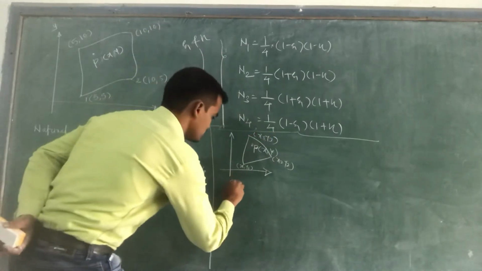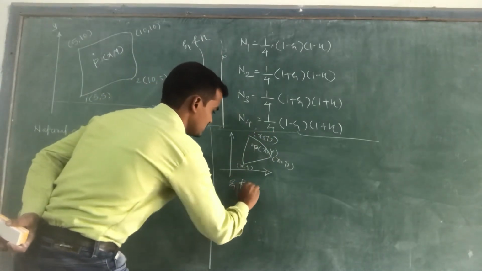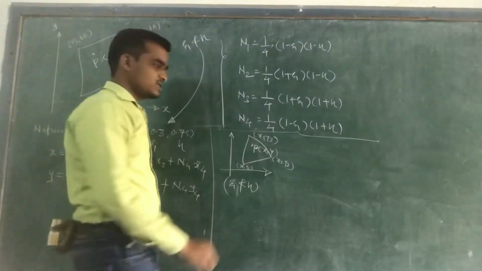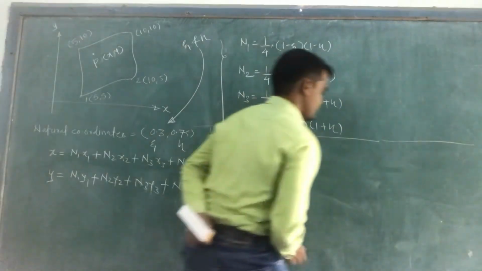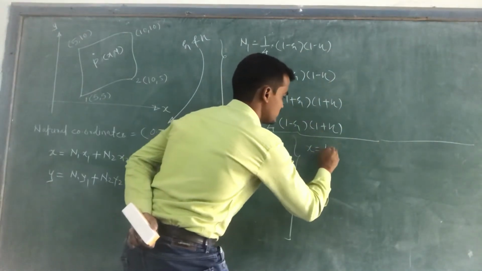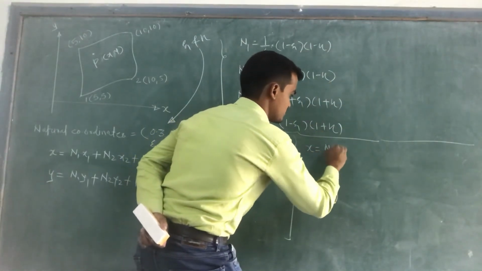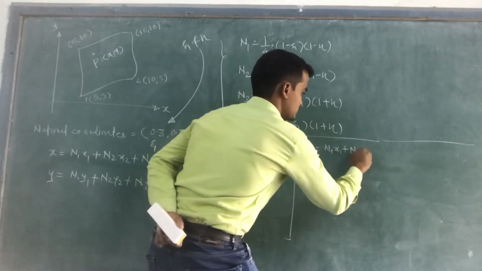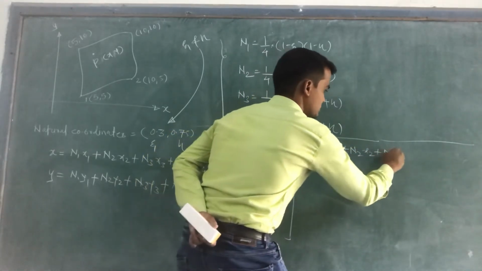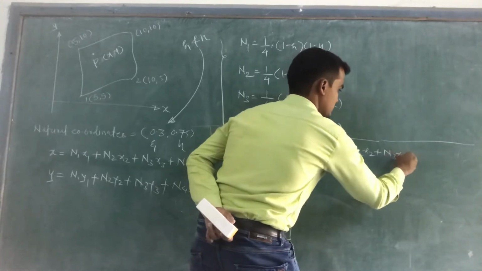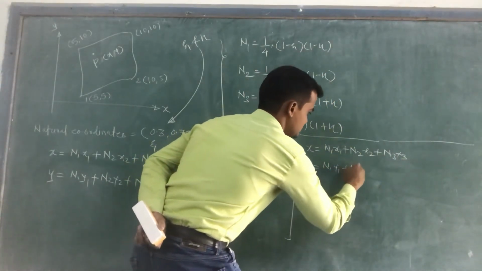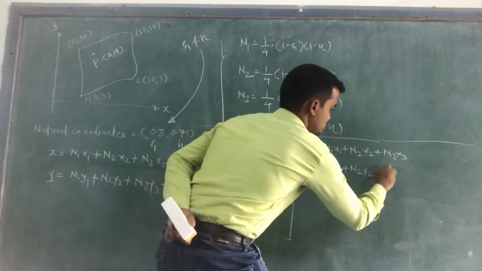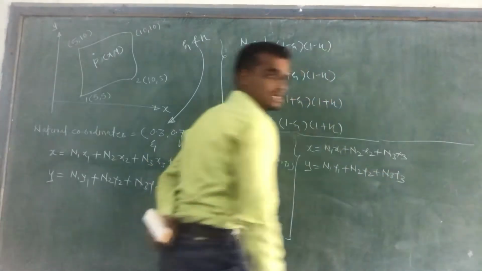Also the values of zeta and eta are given. So in that case, we know the formula for a triangular element: x is nothing but n1 x1 plus n2 x2 plus n3 x3, and y is nothing but n1 y1 plus n2 y2 plus n3 y3.